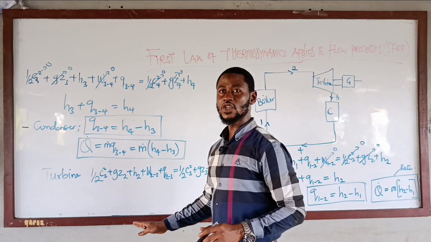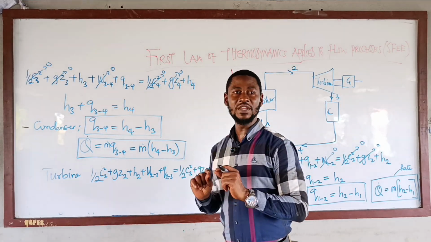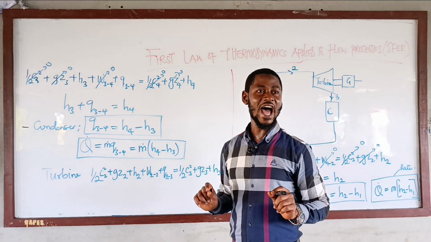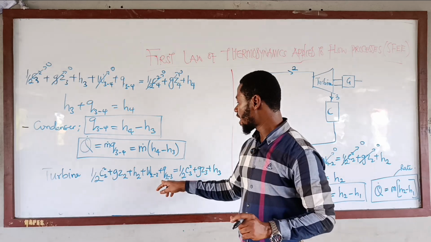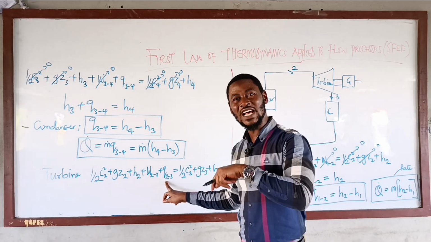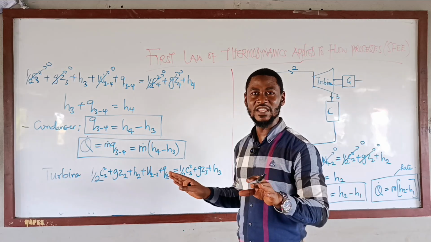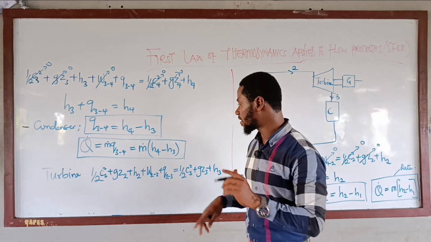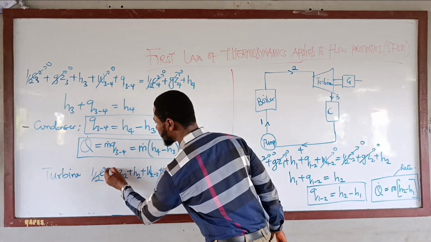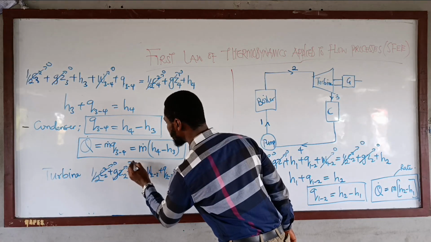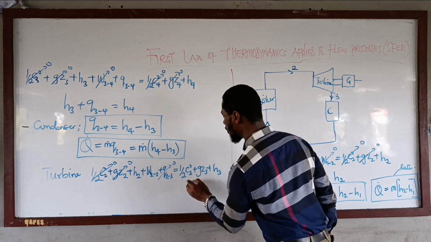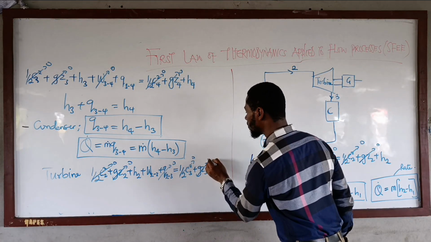So what are the basic assumptions? The kinetic energy is being ignored, the potential energy is being disregarded. Here, since it's a work transfer device, the system is being what? Thermally insulated. There are no forms of heat in the system. So we eliminate those terms. This becomes 0, 0. This becomes 0, 0, 0.